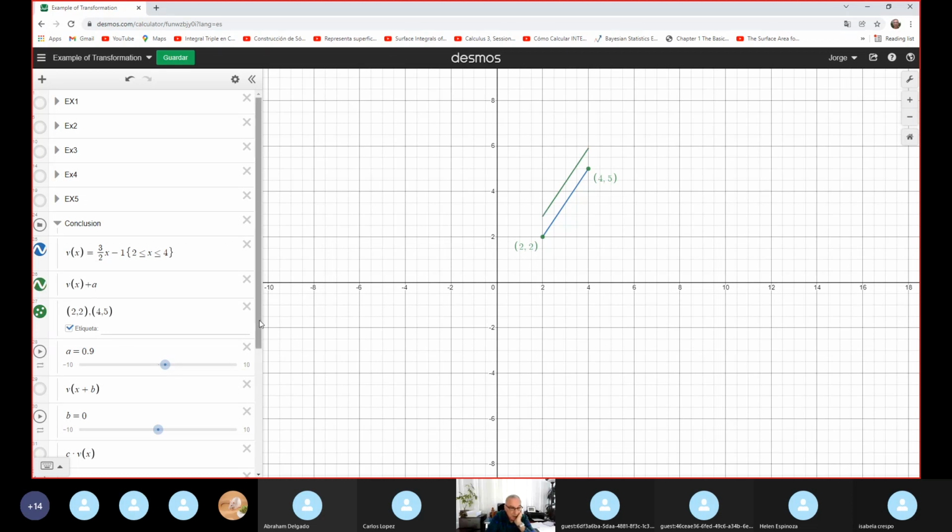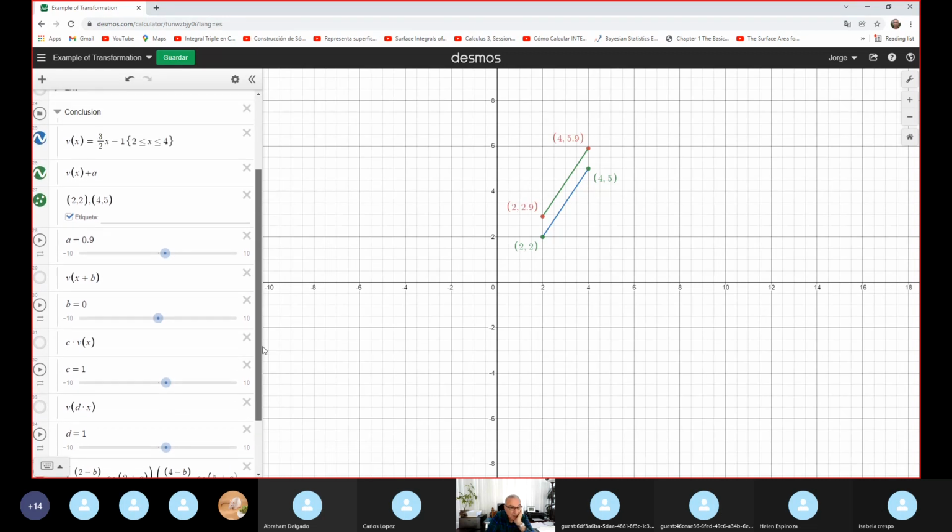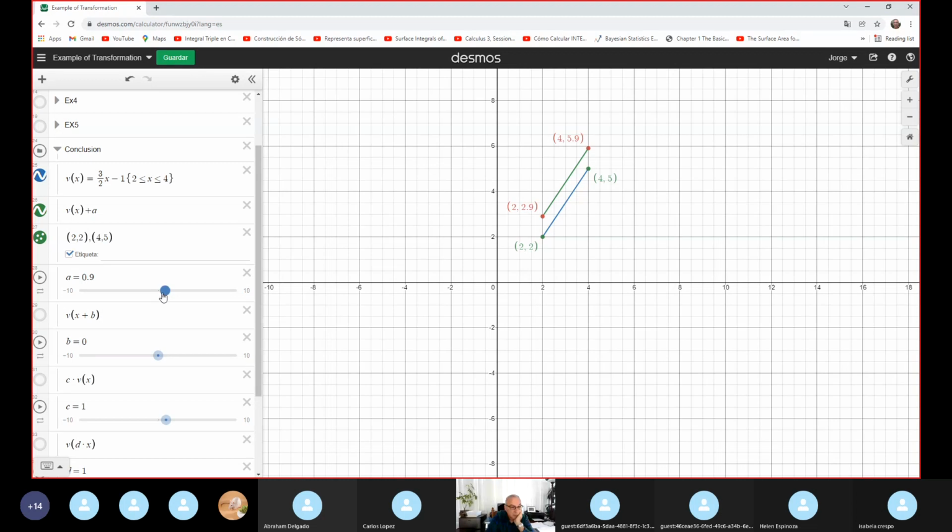Let me activate this. You see when a is positive, the motion is a vertical shift upward, and when a is negative, it is a vertical shift downward.